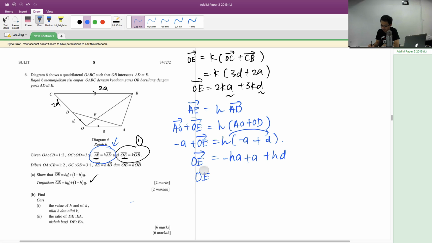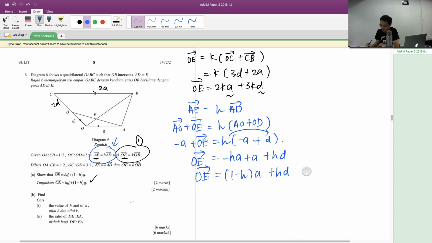This is what I got from the first part. So I can say this is 1 minus H, 1 minus HA plus HD.